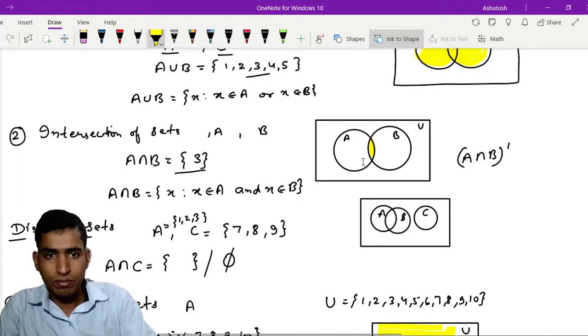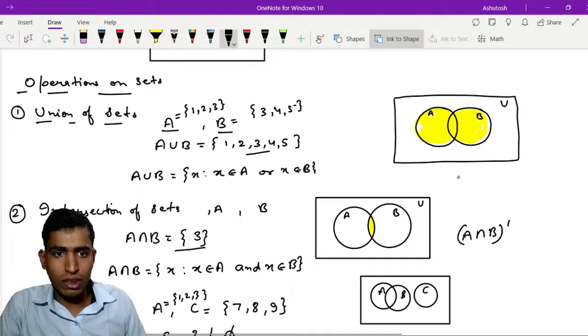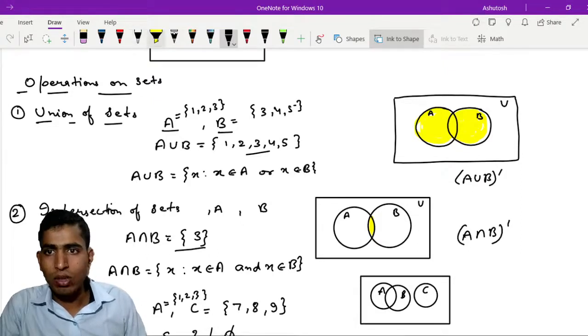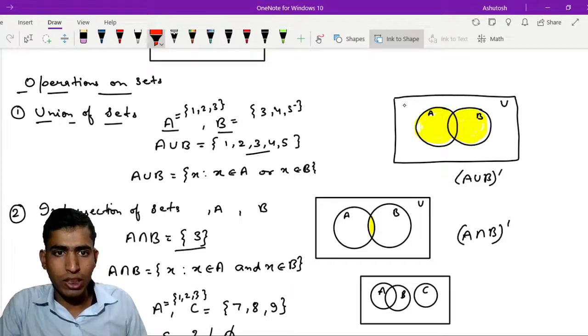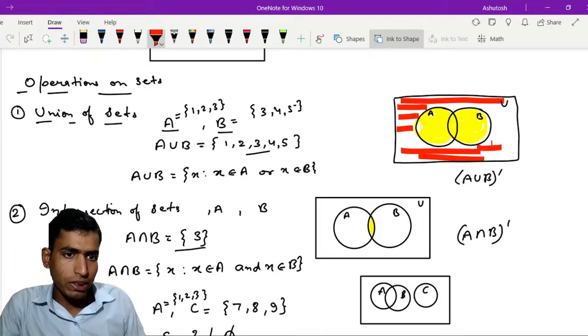Again, if I say A union B whole dash, then it represents all the area except this yellow color. So this region will represent A union B whole dash. Are you getting my point?